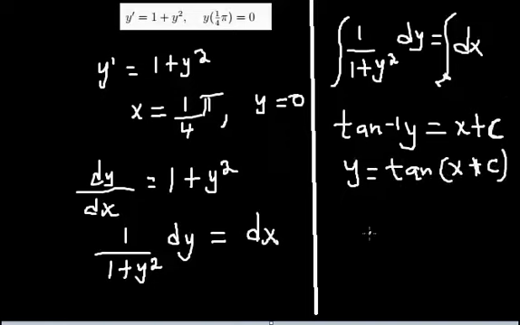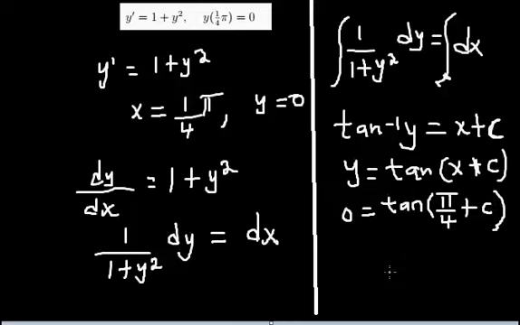All right, so now we have to put the initial value problem. y is equal to 0 when x is equal to pi all over 4, right? So y is equal to 0 at the time when you have tan of pi all over 4, then plus c.